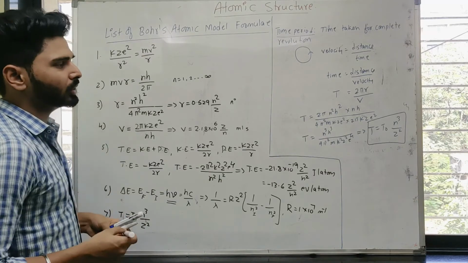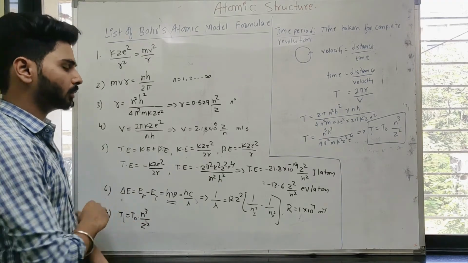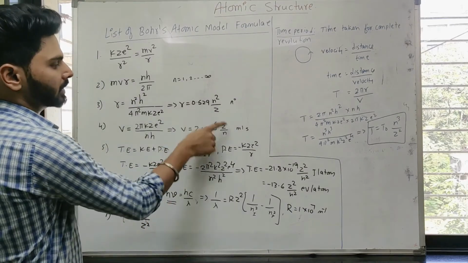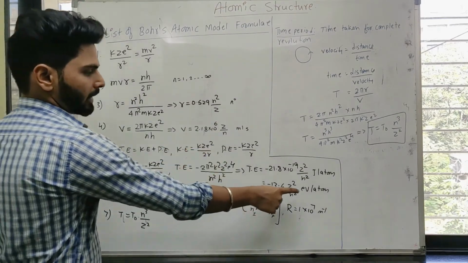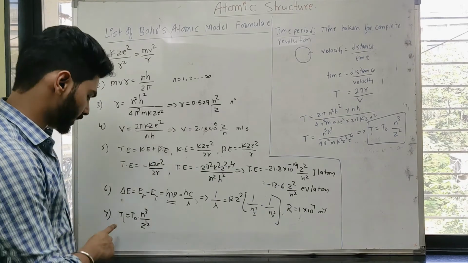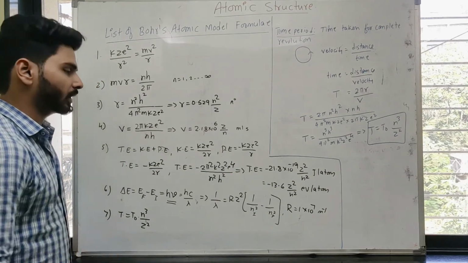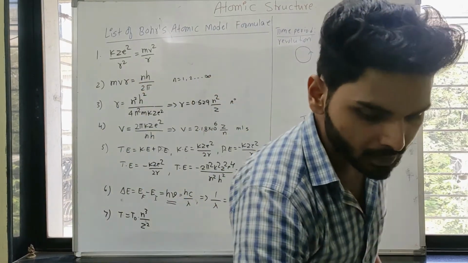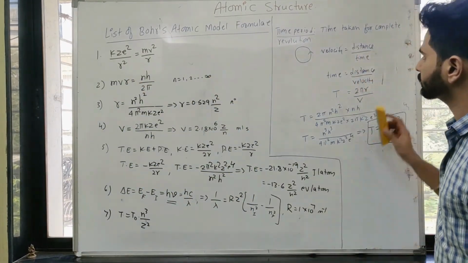Here you need not know the value of t naught; as I told you, only the relation of n and z with t is needed. Just as for radius, velocity and energy you looked at how z and n are connected, similarly you have to know the time period relation with n and z. This is one more formula, not much needed, but you have to remember.